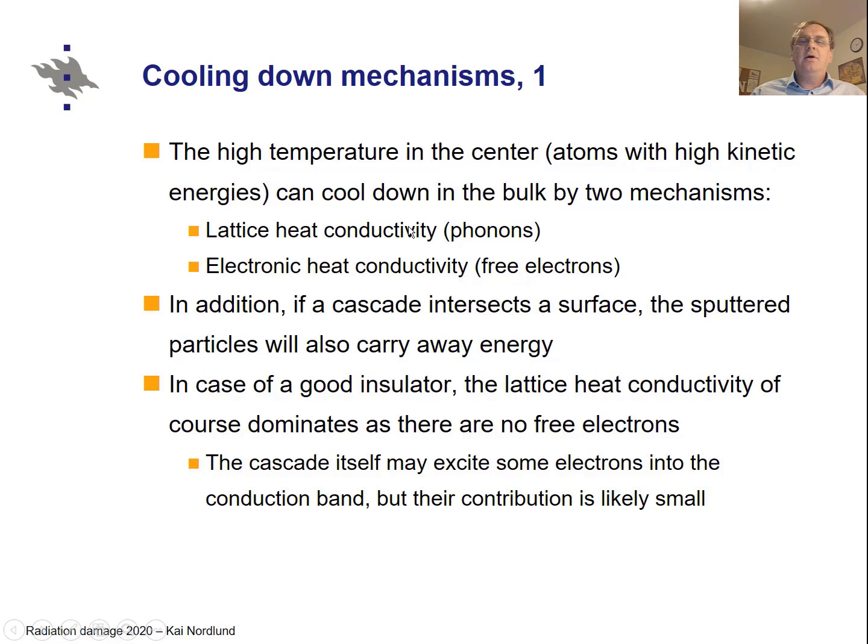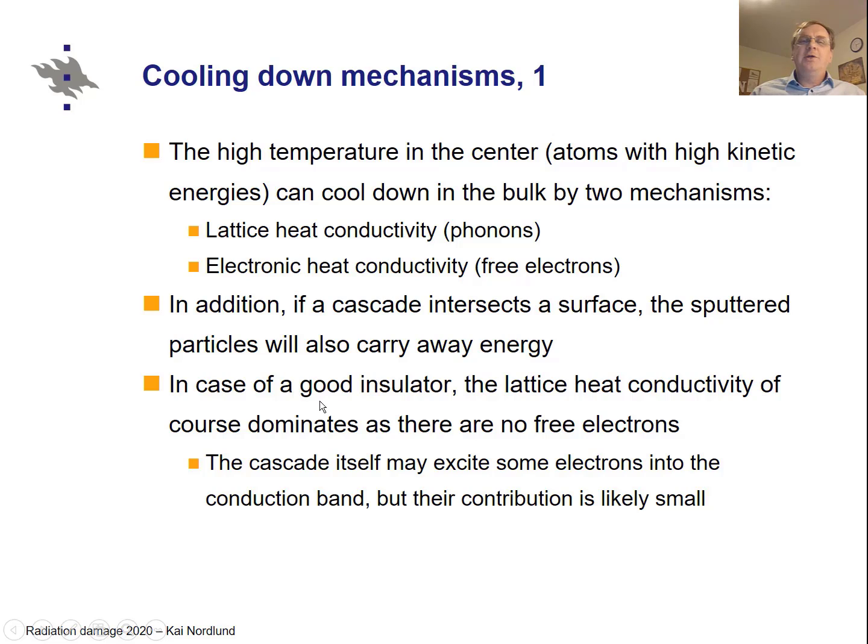Also, there was cooling by electronic stopping power, but moreover, in reality, there can also be electronic heat conductivity, that is, hot atoms heat up the electronic system, and then the electrons in a metal are very good heat conductors, and they can cool down the system further. This electronic heat conductivity was not included in these MD simulations I showed. Finally, if you have a cascade near a surface, sputtered atoms will of course also carry away kinetic energy, and this will also cool it.